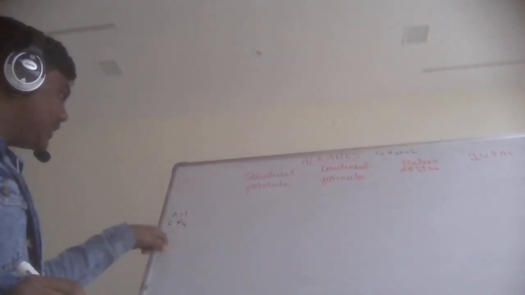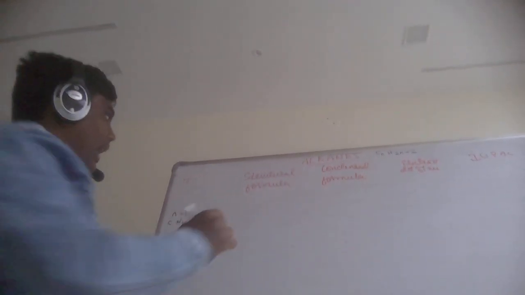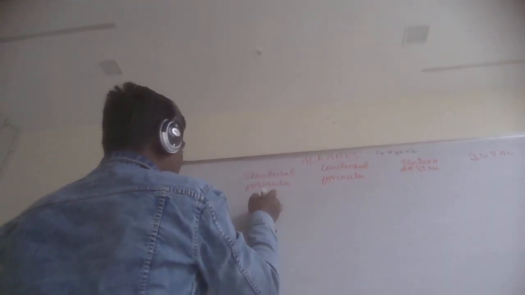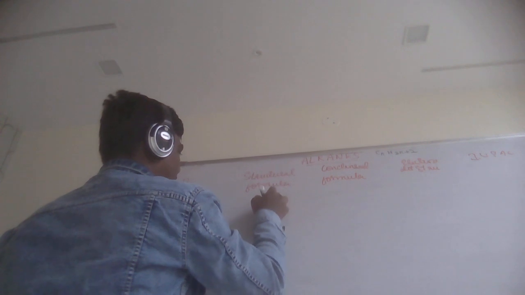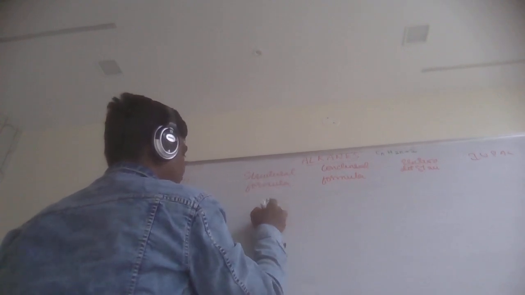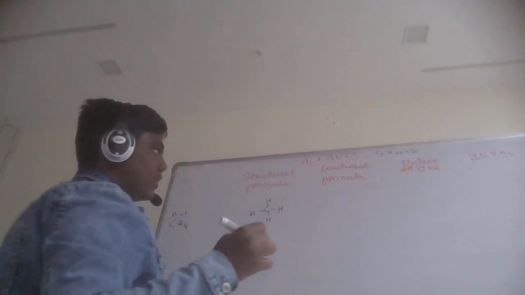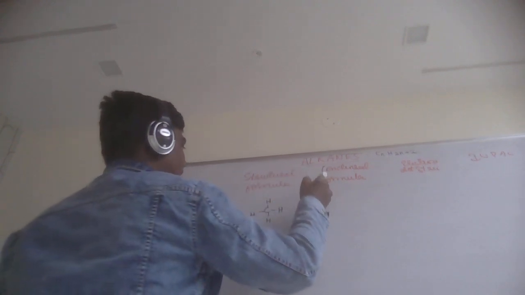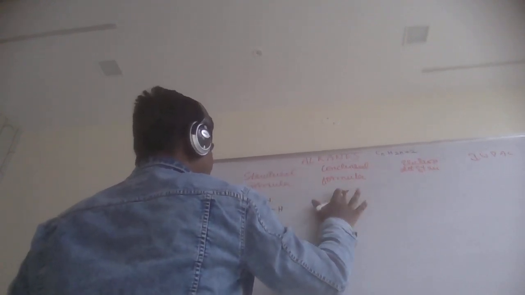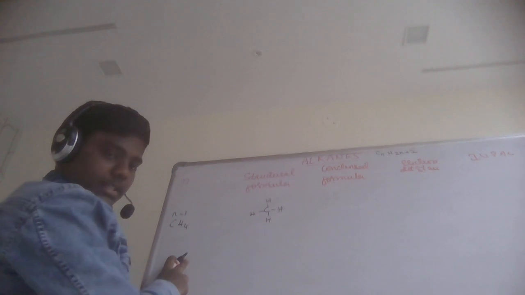If n is 1, then the compound would be CH4. How to draw the structural formula for CH4? 1 carbon atom, tetravalency for the carbon, that is 4 hydrogen atoms. Done. Coming to condensed formula, it remains the same. We don't get a condensed formula for this compound.